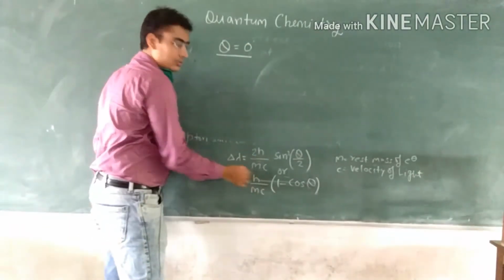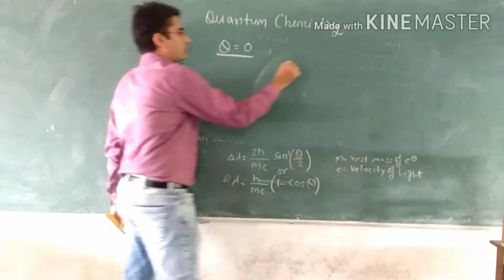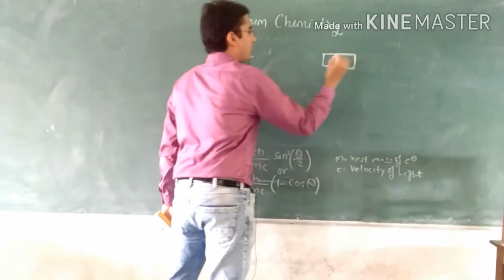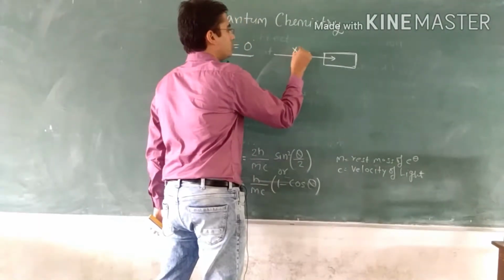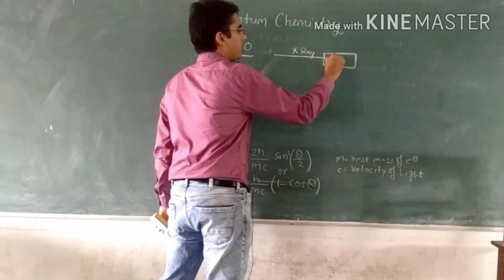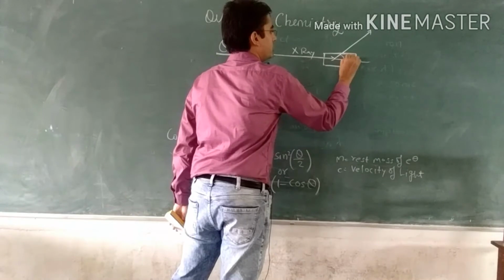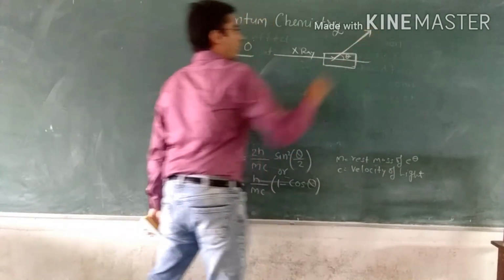In this equation, this is the Compton shift, and suppose it's carbon or a lighter element, X-ray is falling on it and then scattering of X-ray. This is theta. This is scattering of X-ray.